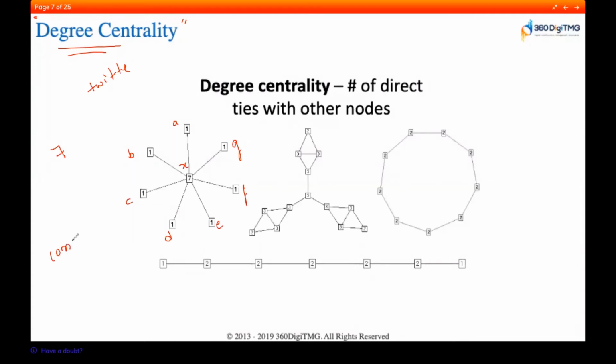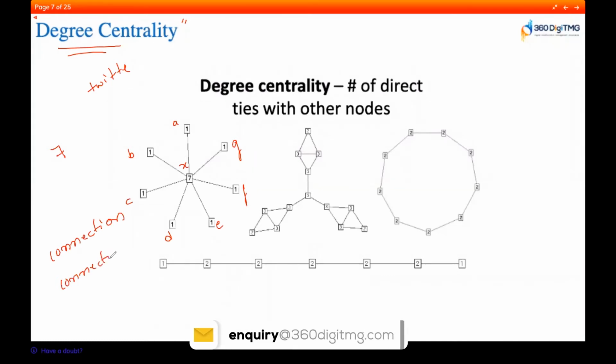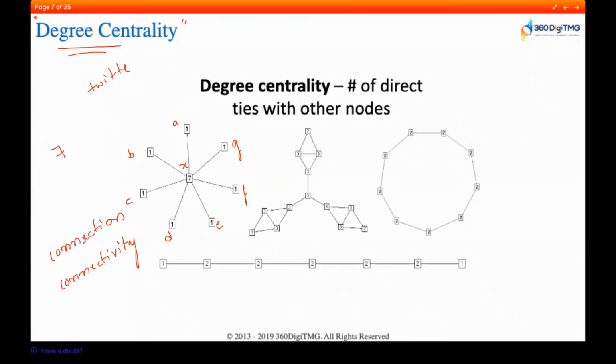There is a difference between connection and connectivity. So what is connection? What is connectivity?